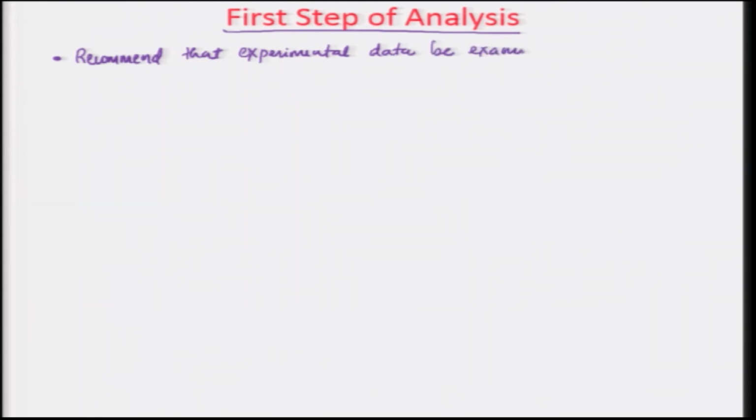Then we get into what we call the first step of analysis. What is the first step? I recommend that experimental data be examined graphically, or using a graph, find a way to examine the experimental data.